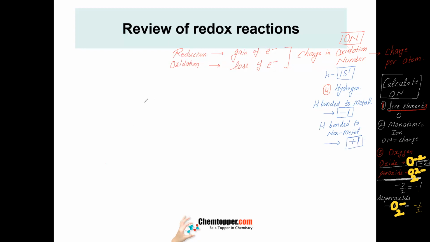I'm giving you one example. What's the oxidation number of hydrogen in ammonia? This is ammonia. We worked a lot on acids and bases. We remember we were taking it as a weak base. We were making buffers of it. So what's the oxidation number of hydrogen here?